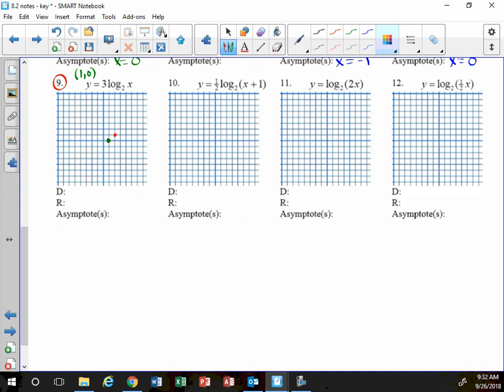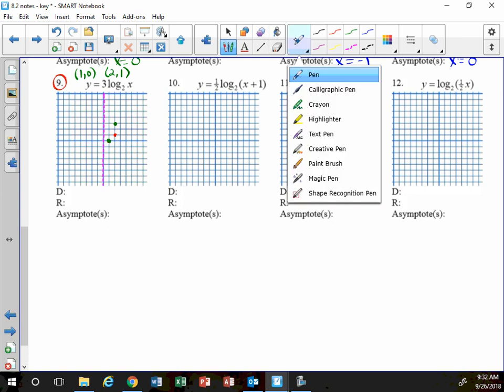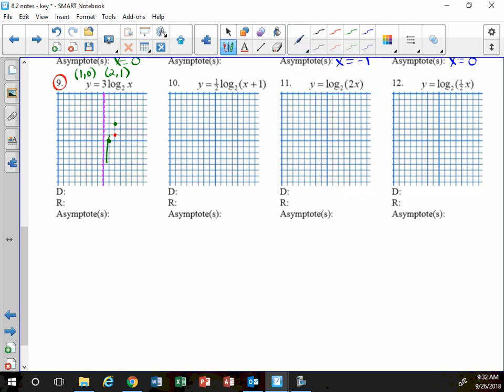So that point doesn't actually go anywhere. What's 2, 1 going to become? Yeah, 2, 3. Asymptote didn't go anywhere. So your graph just got a little bit taller and skinnier. Okay? Domain, 0 to infinity. X equals 0.